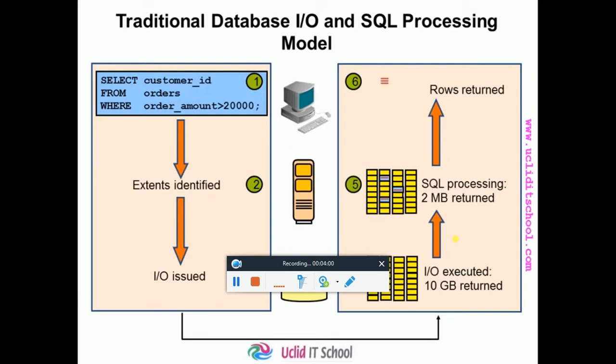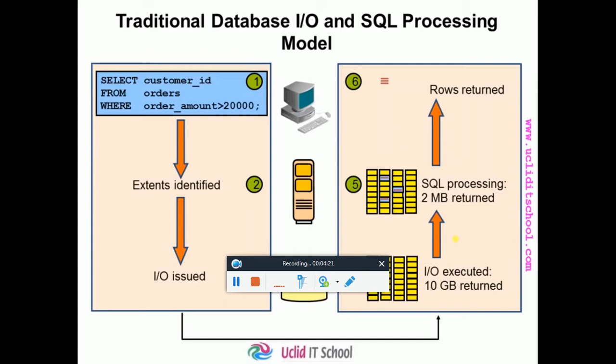So the storage is sending 10 GB of data to the database server. This 10 GB consumes network bandwidth, right? And the 10 GB transmission takes more time, right? So your query performance is not optimal here.